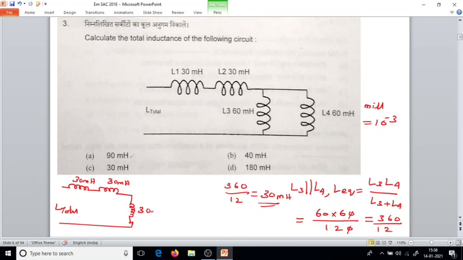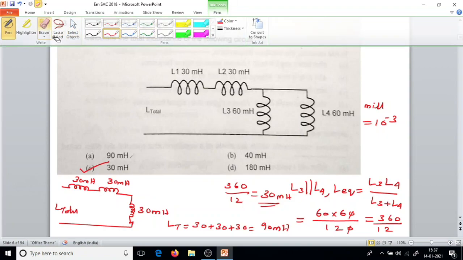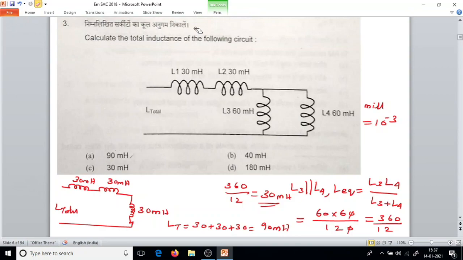So LT equals 30 plus 30 plus 30, which equals 90 millihenry. The answer is option A, 90 millihenry.